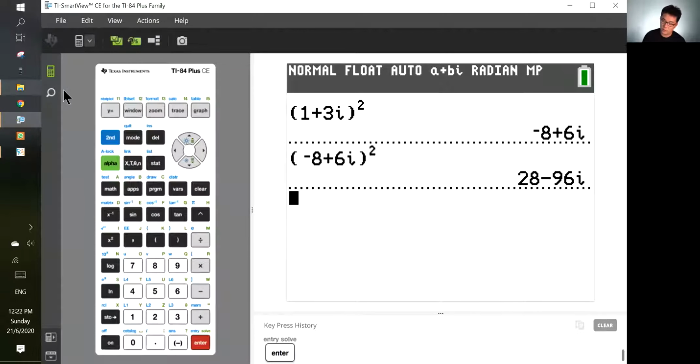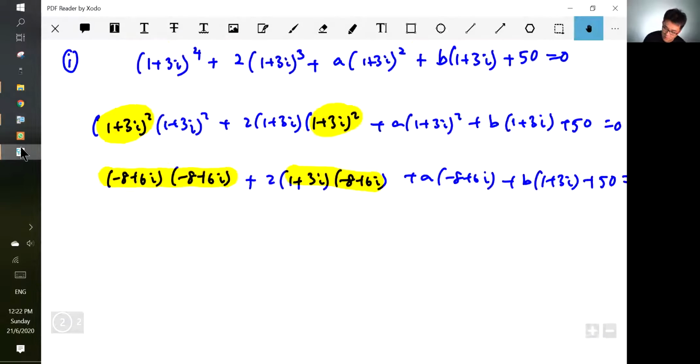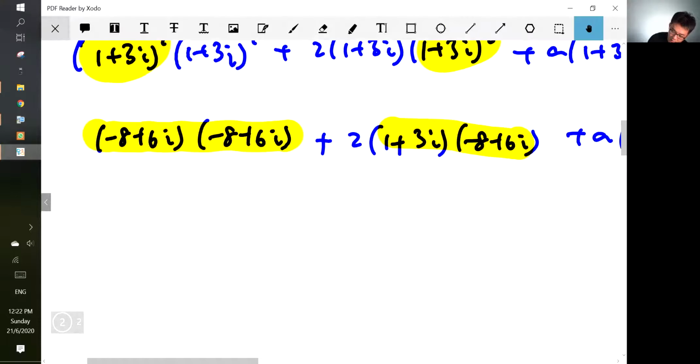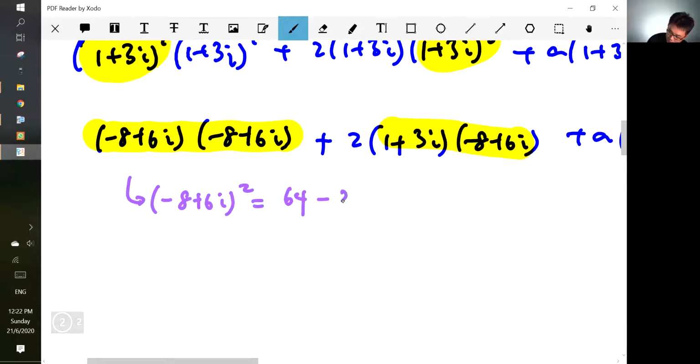So it's 28 minus 96i. Just write it down like that. Minus 8 plus 6i squared is equal to 28 minus 96i.